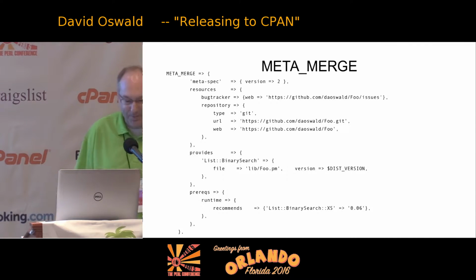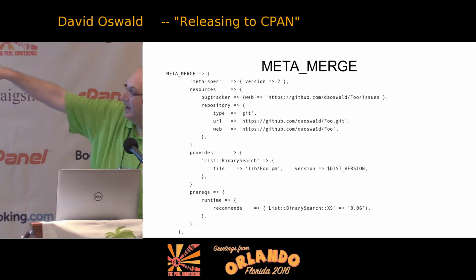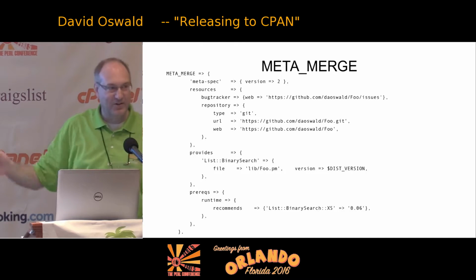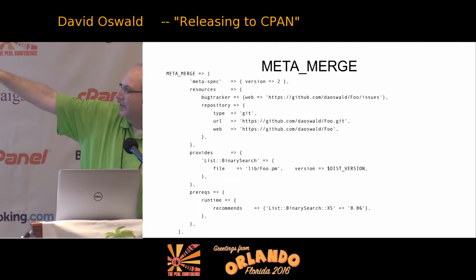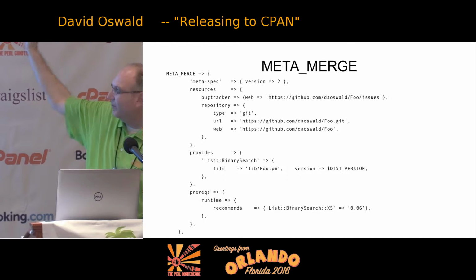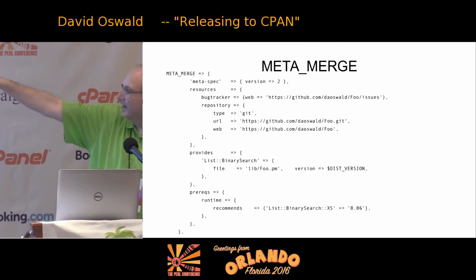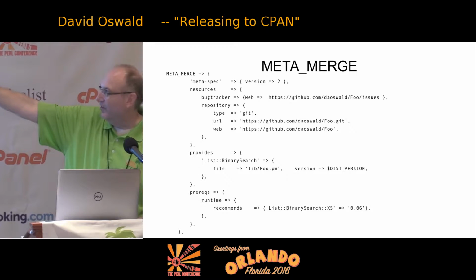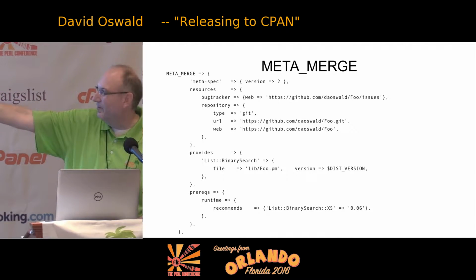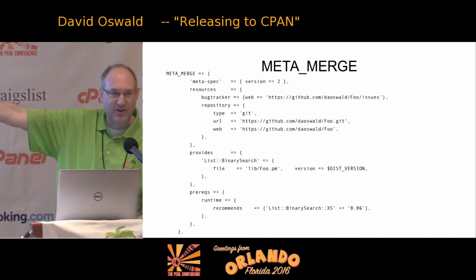So here's a sample META_MERGE. I'm telling the CPAN installers and the CPAN indexer that the meta-spec we're following is version 2, that we have a bug tracker which has a web URL of https, whatever, GitHub. We have a repository that is of type git and the URL, whatever it is. And then we tell what this distribution provides.